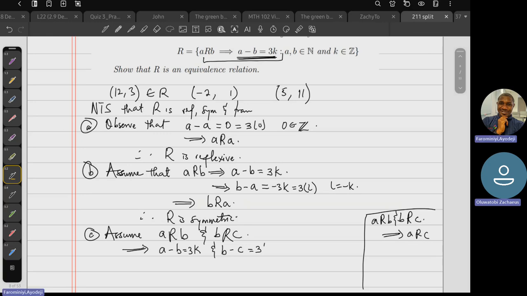So what do we need to show? We need to show that A minus C is 3 times something.